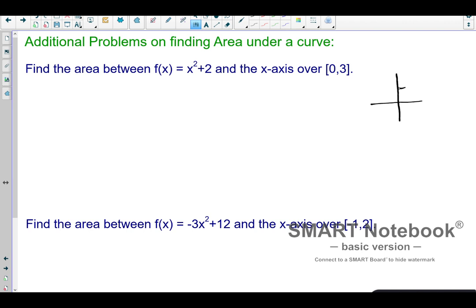Again, we only want it over the region from 0 to 3. So what is the area under f of x equals x squared plus 2 over the region from 0 to 3? Once again, you're going to set it up as an integration problem.